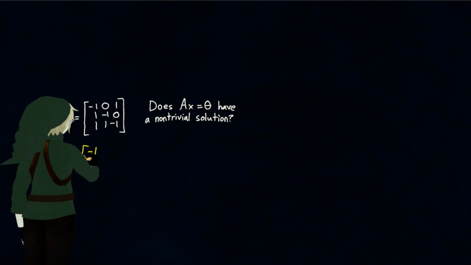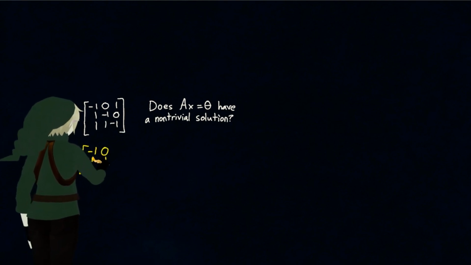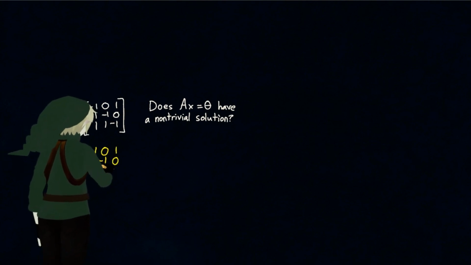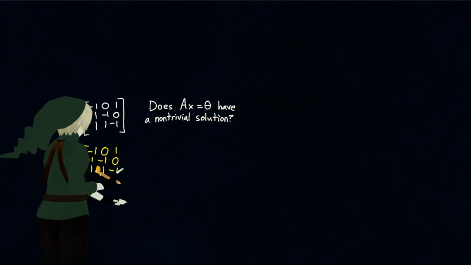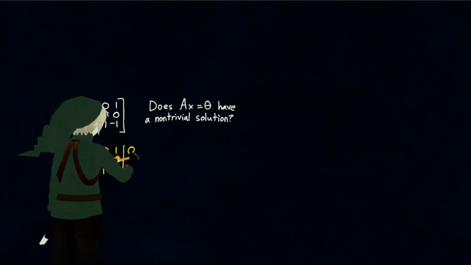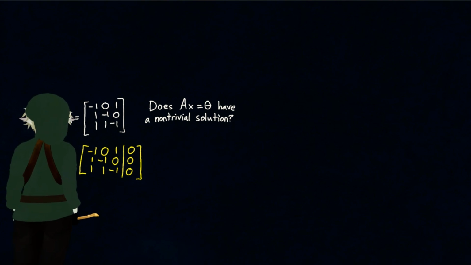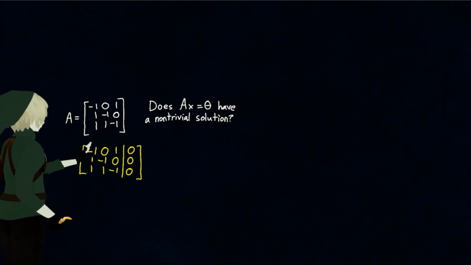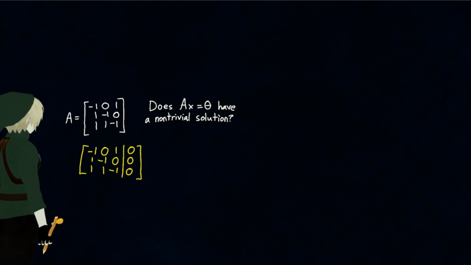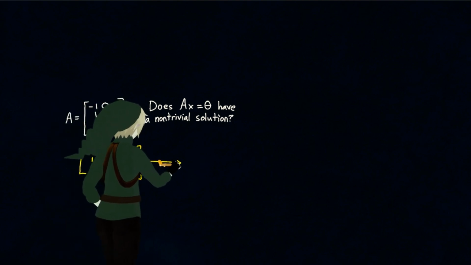We put it in an augmented matrix where the numbers on the right are 0, right? Because in a homogeneous system, each equation equals 0. Now that we put that here, how do we determine if it has a non-trivial or a trivial solution? Easy. We compute the RREF.